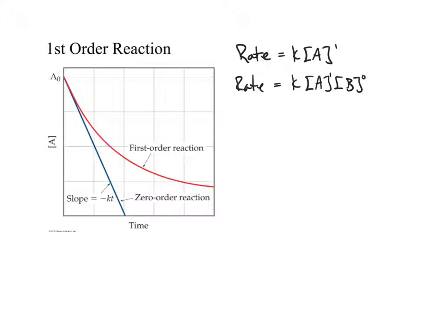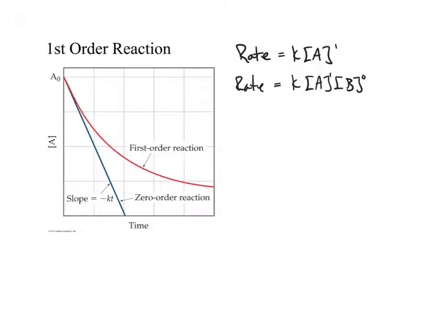What you see over here is a graph, and I've actually graphed a zero order relationship, which we just talked about on the last slide. It's a straight line in a concentration versus time graph where the slope of the line is equal to negative k.